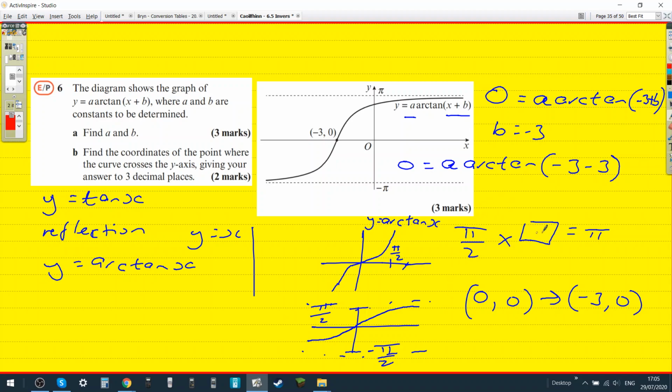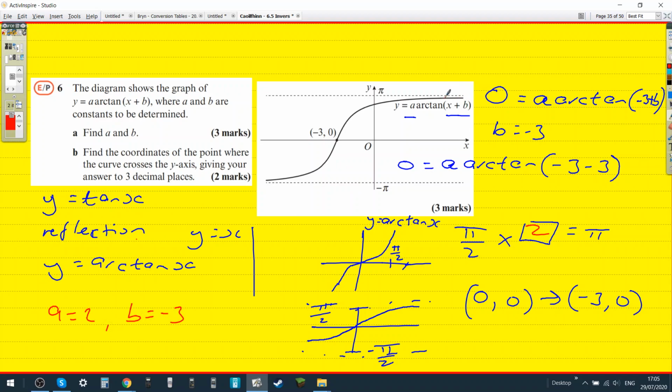So pi over 2 times what gives you pi? Two. Yep. And so the value of a? 2. Yep. So a is 2, b is minus 3.